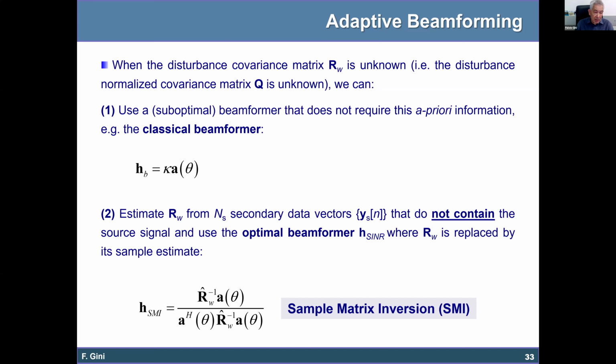So we can implement the classical beamformer when the disturbance is not white, but its correlation structure is unknown. Clearly, as I said, this is a suboptimal approach, but very reasonable. And actually, this is what we do quite frequently.